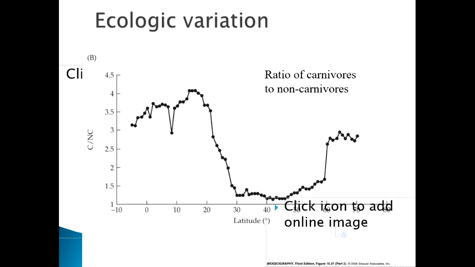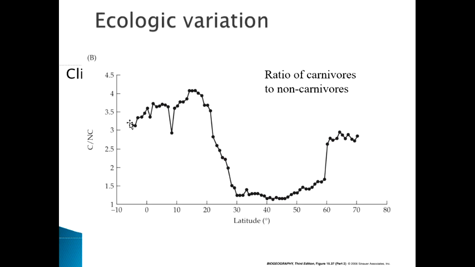Now you could change that. So in this particular diagram, we've got the same gastropod data, but they coded all of them as, oh, is this one a carnivore, meaning a snail that eats flesh? There's a lot of those. Or is it a non-carnivore, a snail that does what we're most used to? It eats algae.